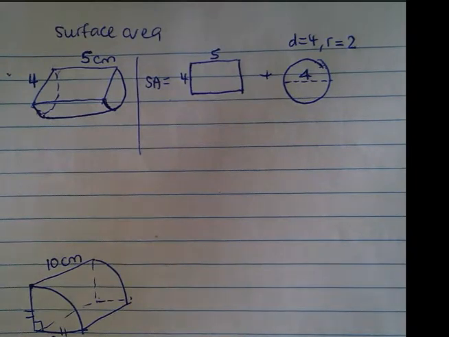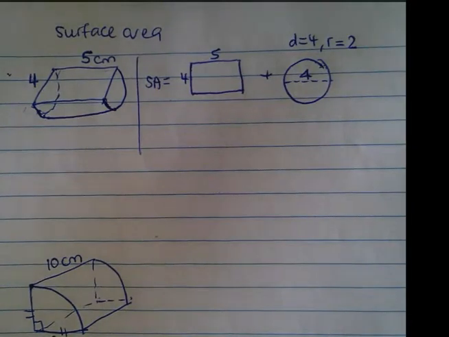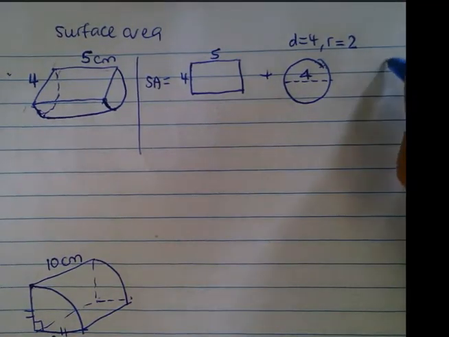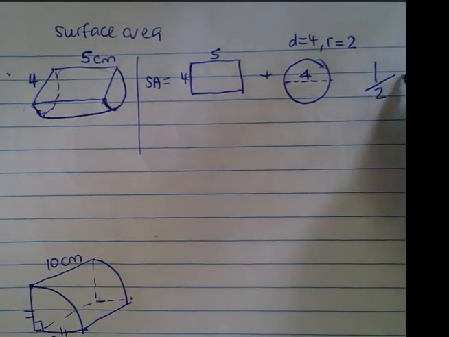I'm just seeing what I've got. I've got the top bit. Girls, that's how you work with it. The top bit, the 2 side bits, you're getting some marks in your question, all right? And then I've got how much of the curved surface area? Half the curved bit, the curved surface or curved part.